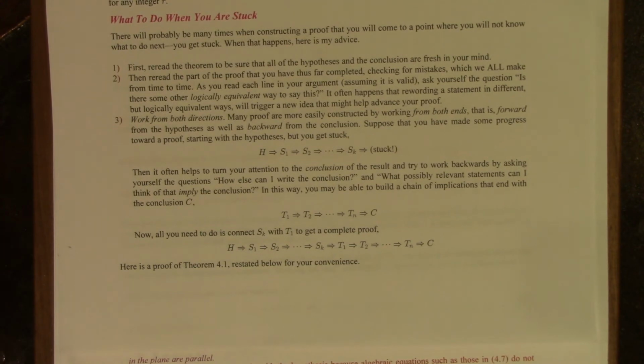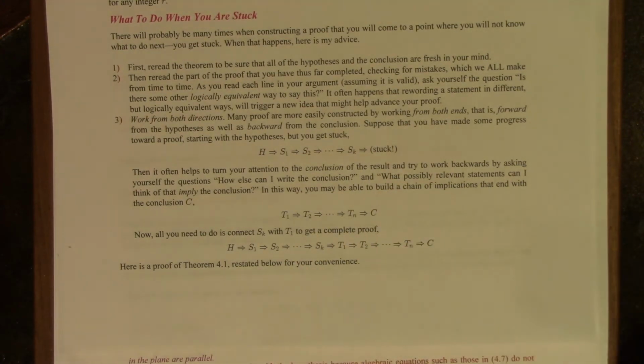Another piece of advice is to work from both directions when constructing a proof. There are many proofs that are more easily constructed by working from both ends, working forward from the hypotheses, working backward from the conclusion.